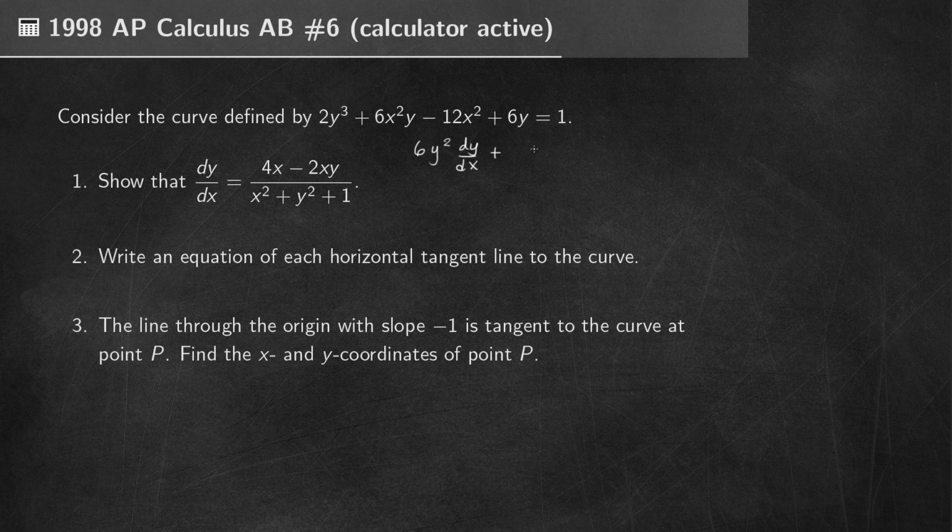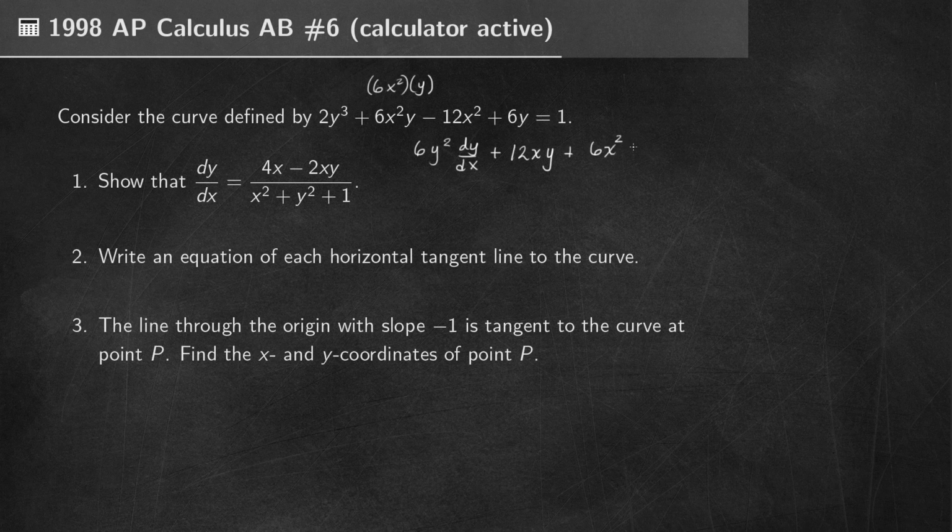Plus, now I need the derivative of 6x squared times y. So we have to use the product rule. I'm going to group 6x squared as my first factor and then y as my second factor. Product rule tells us to take the derivative of the first, that's 12x, multiply it by the second, plus the first, 6x squared, times the derivative of the second.